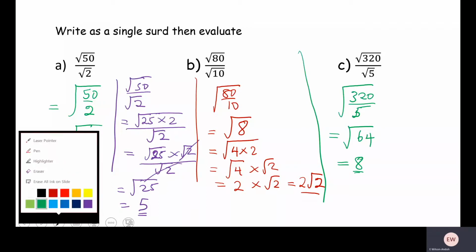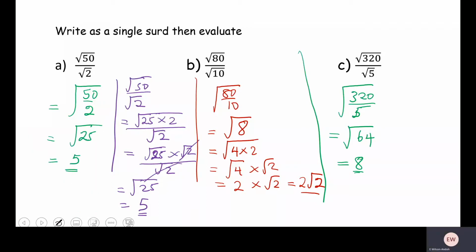Now let's check by simplifying root 320 and see if we are going to get the same answer. So we have root 320 over root 5. And we can write this as root 64 times 5, 64 times 5 is equal to 320, all over root 5.